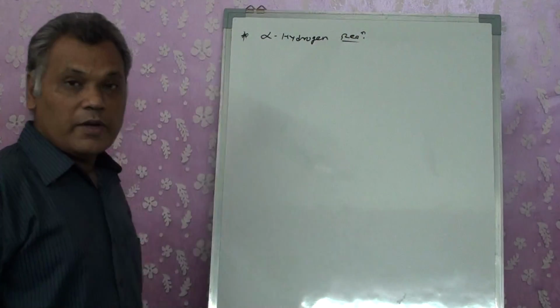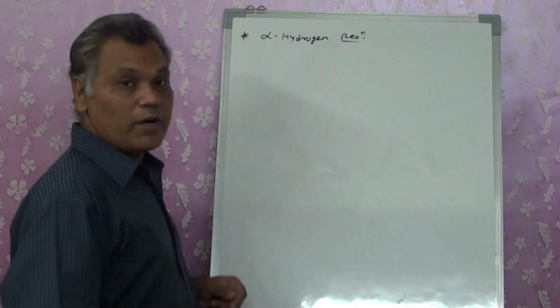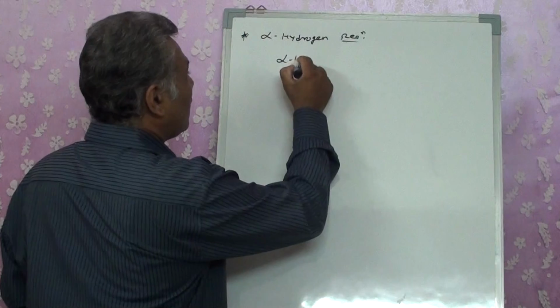That means when we have aldehydes and ketones, and if these compounds contain alpha hydrogen, then the reaction takes place. So what is alpha hydrogen?